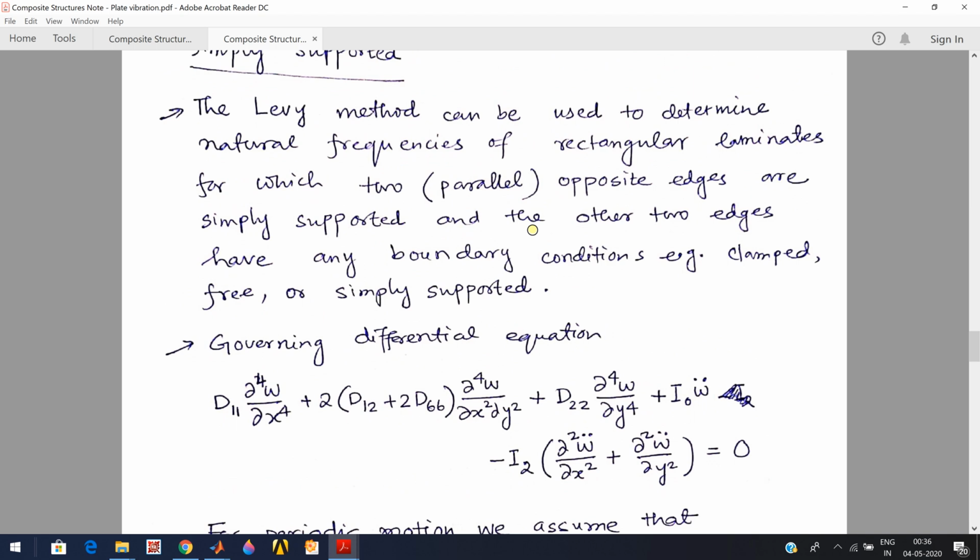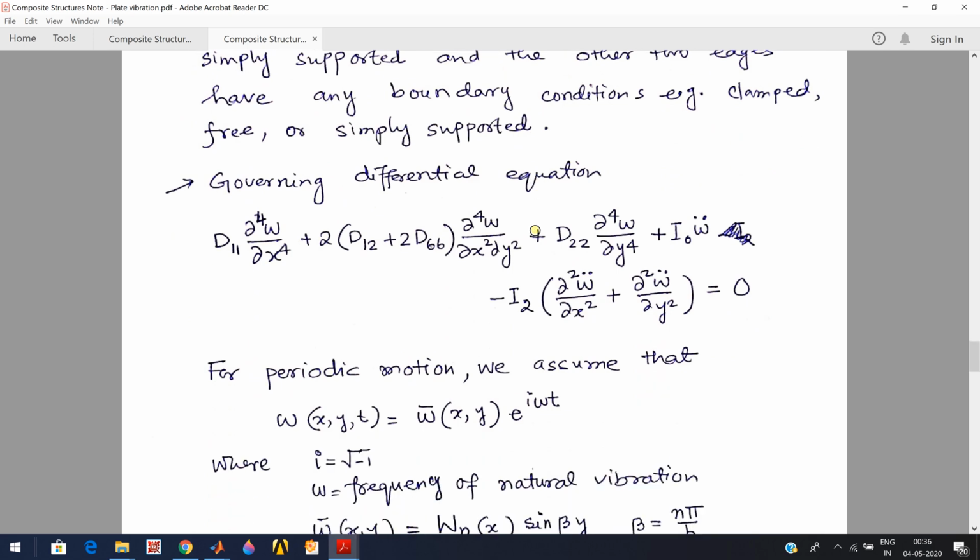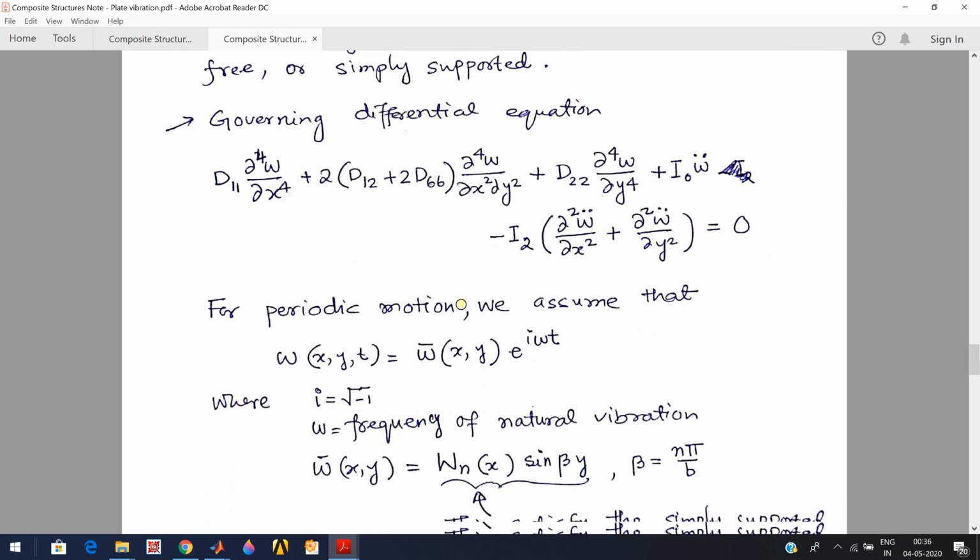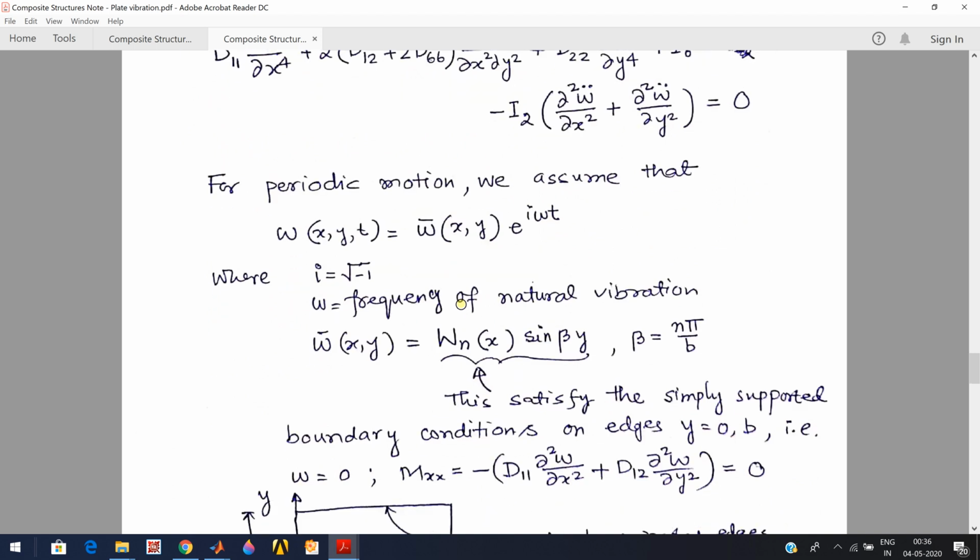In one direction, a Fourier sine series will be assumed, and with that we will get an ordinary differential equation. That's the approach we adopt in the Levy method.